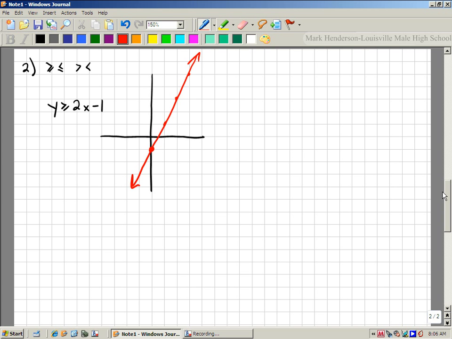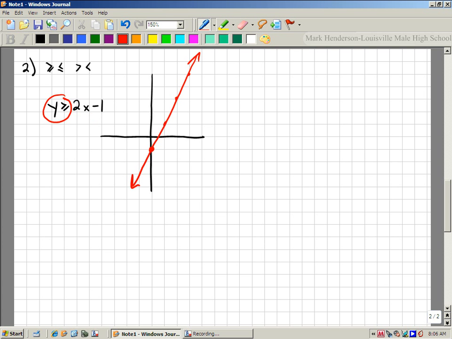And if you think about what this means logically, y is anything bigger than this line. Does that make sense? That's what it says. Y is bigger than that line. So basically what it says is y is past that line. Does everybody agree with that?